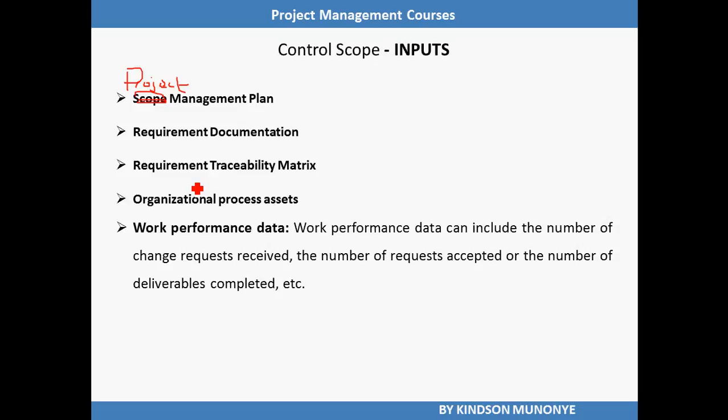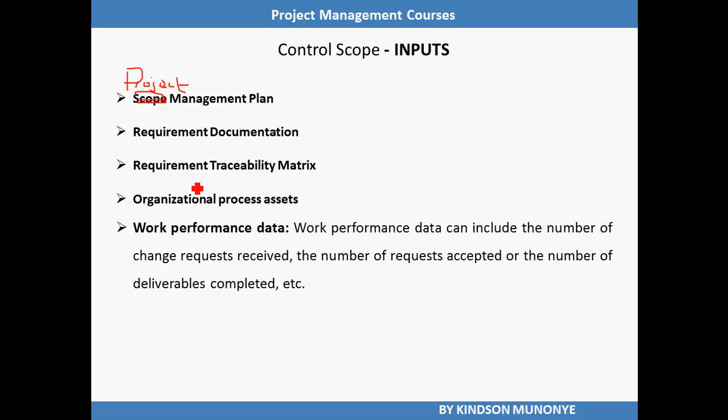Requirement documentation is also required. Requirements should be unambiguous, traceable, complete, consistent, and acceptable to key stakeholders. Requirements traceability matrix. This helps to detect the impact of any change or deviation from the scope baseline on the process objectives.